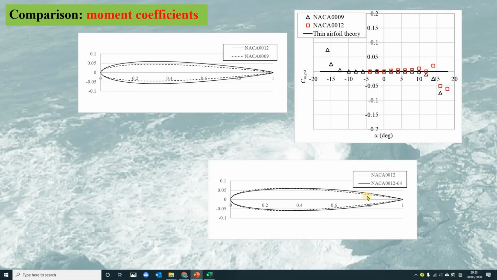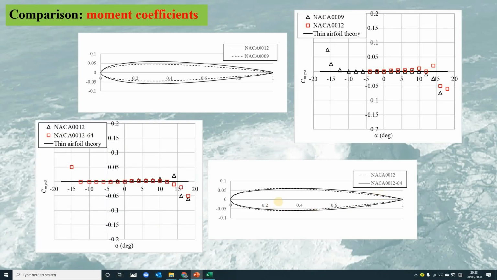Similarly, for the NACA 0012 and NACA 0012-64, when the angle of attack is small, the moment coefficient from the thin airfoil theory is very close to the experiment data, but when the angle is more than 12 degrees, the large deviation would happen from the thin airfoil theory. See here.